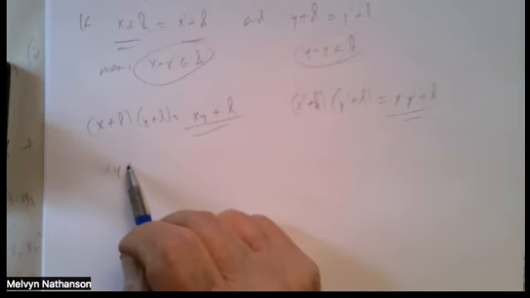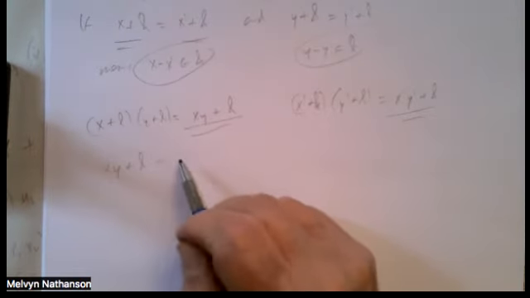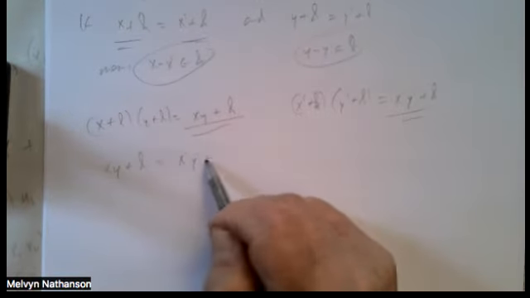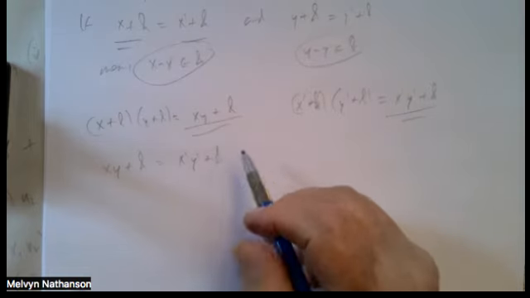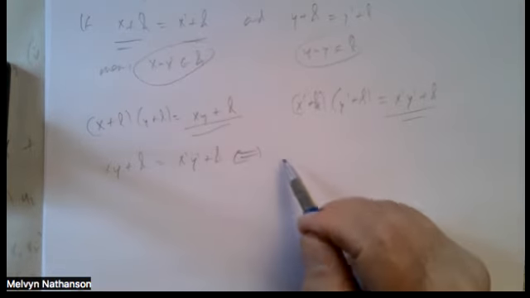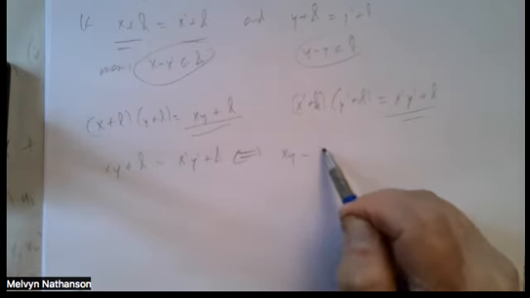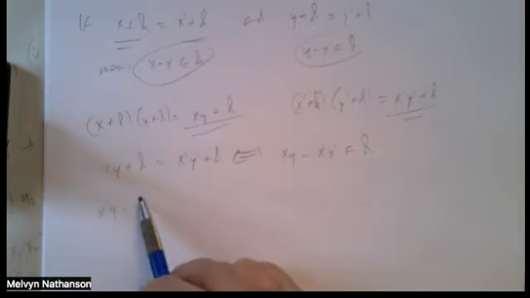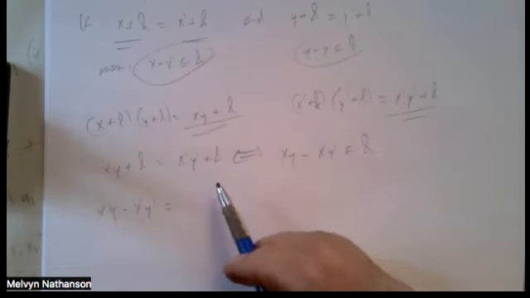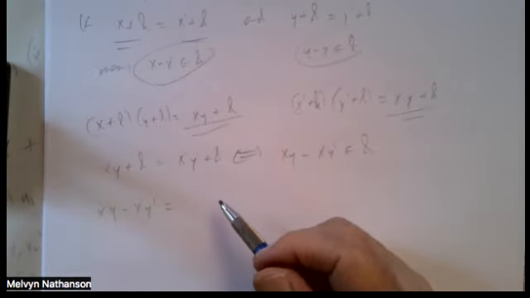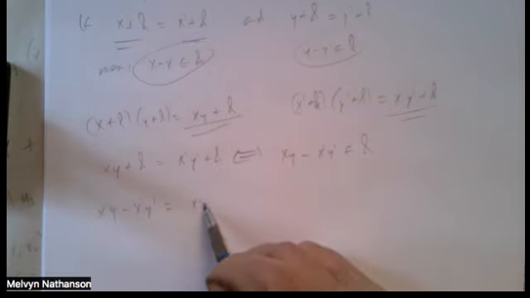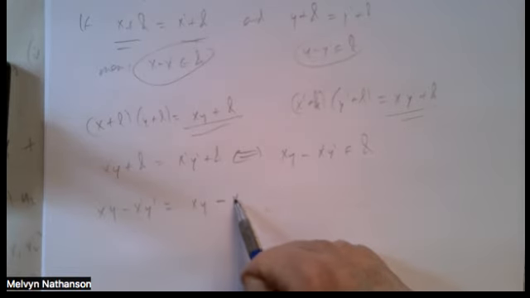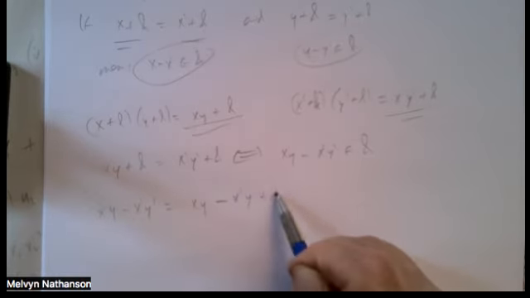What does that mean? The coset xy plus I is the coset x prime y prime plus I if and only if xy minus x prime y prime belongs to the ideal. Let's be a little bit sneaky about this. xy minus x prime y prime is xy minus x prime y plus x prime y minus x prime y prime.